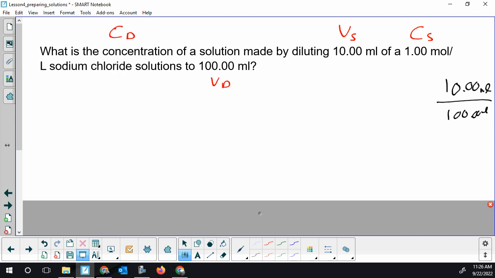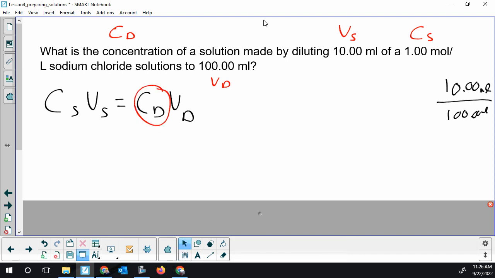Let's do the formula, and we should get the same thing. So concentration of stock times volume of stock equals concentration of the dilute times volume of the dilute. I'm going to rearrange this for concentration of dilute. I'm just not going to show all my work.